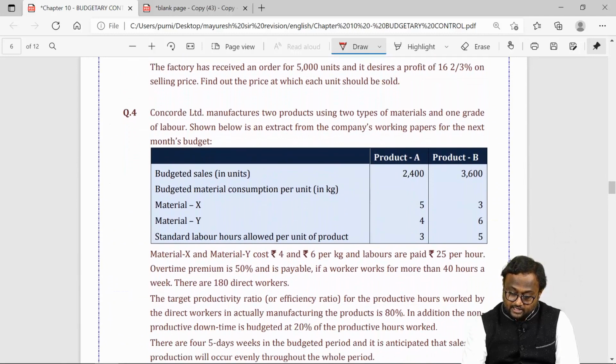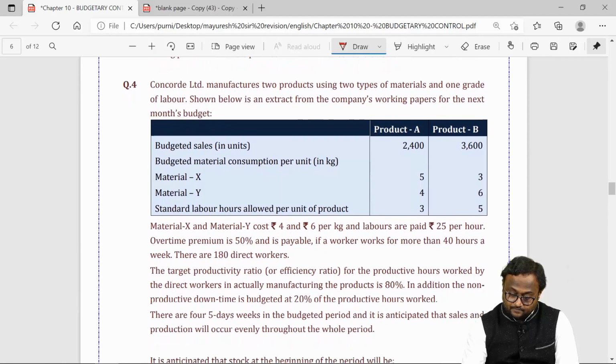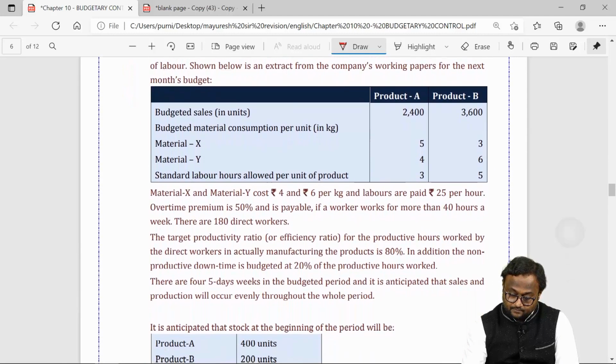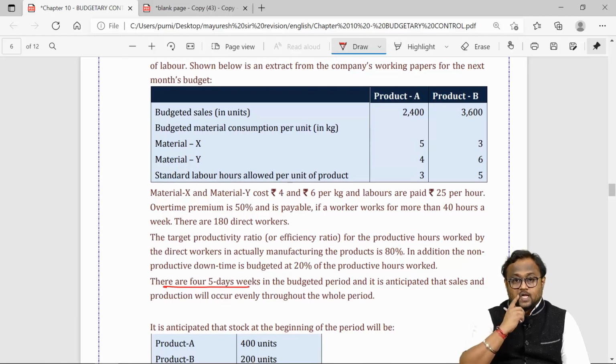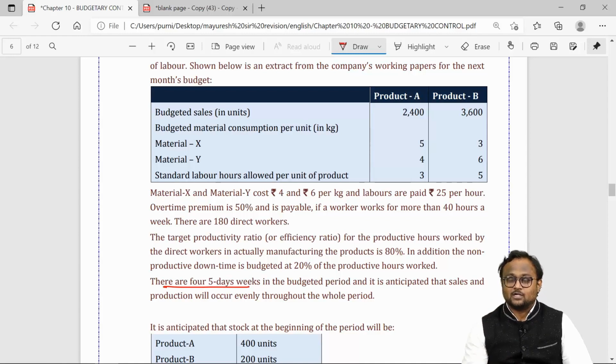If you recollect this line in the question, you will realize the data is given for 4 weeks of 5 days. That means 20 days.